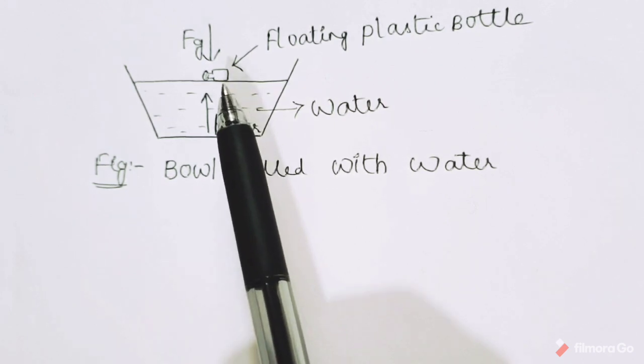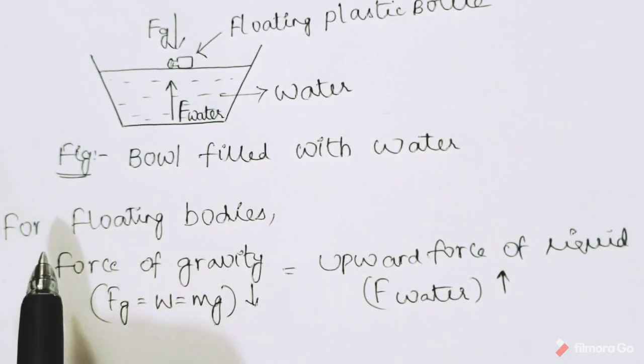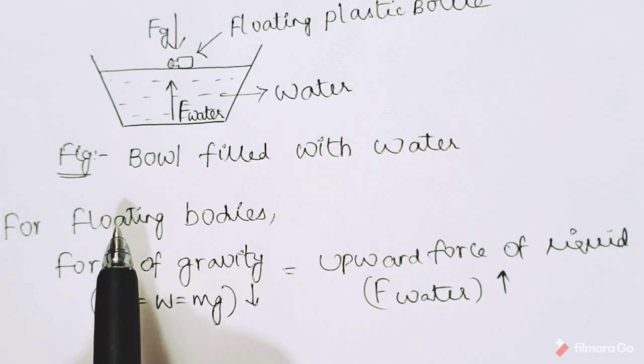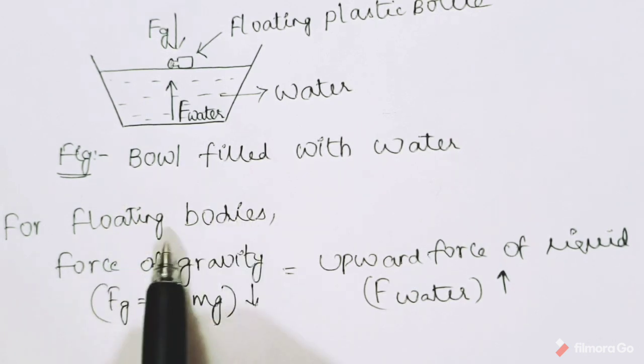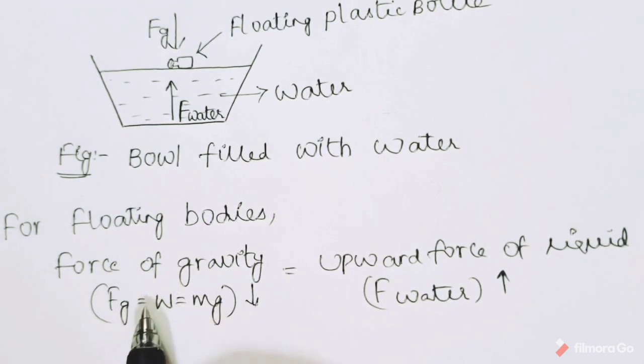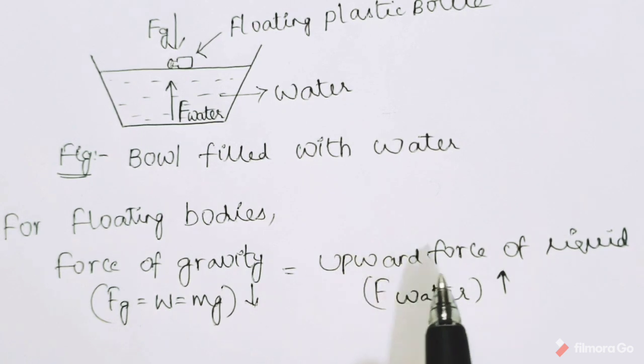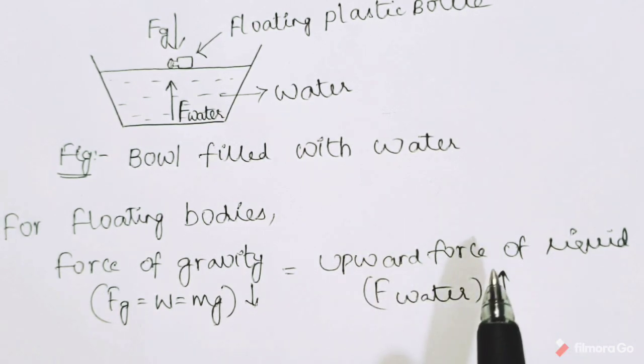What are the two forces acting on the plastic bottle? Let us see. For objects which float on the surface of water, that means for floating bodies, the force of gravity Fg is W, that is the weight of the object, mg. So the force of gravity, which acts in the downward direction, has a magnitude equal to the upward force of the liquid. What is the liquid here?